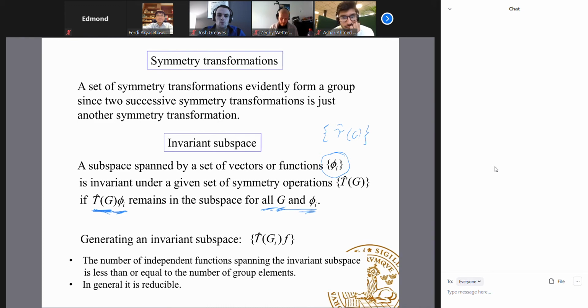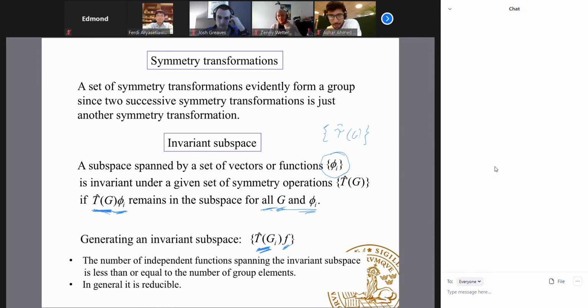Actually there is a very simple and very general way of generating an invariant subspace. We can just take any function, f we call it, and we operate on this function with the symmetry operators for all G, for all the elements in the group. Then the resulting functions form an invariant subspace.